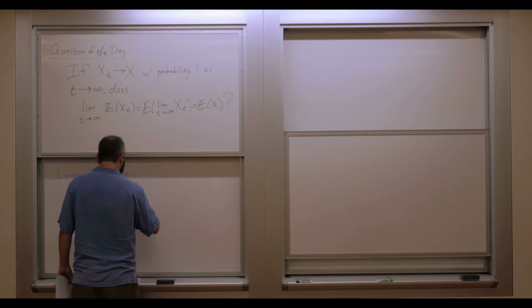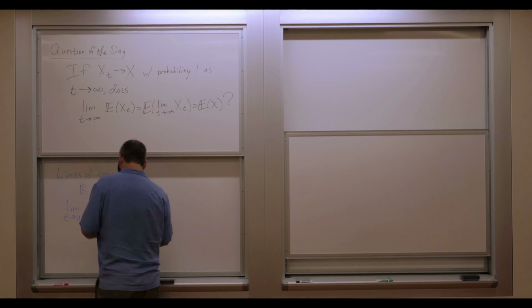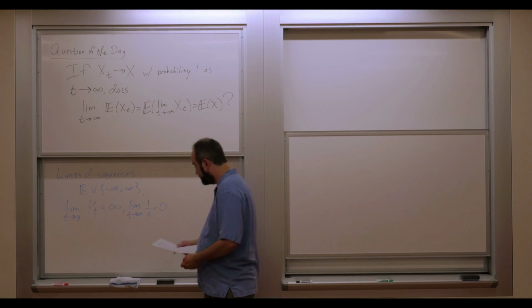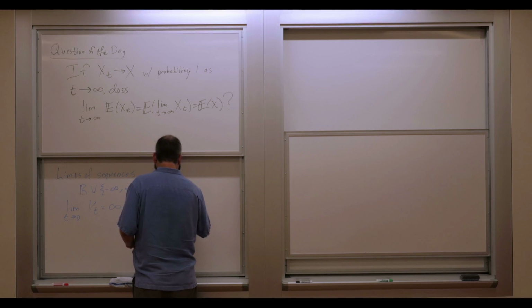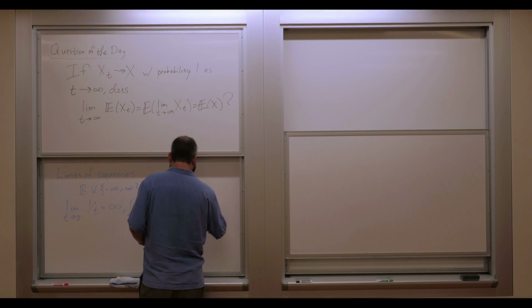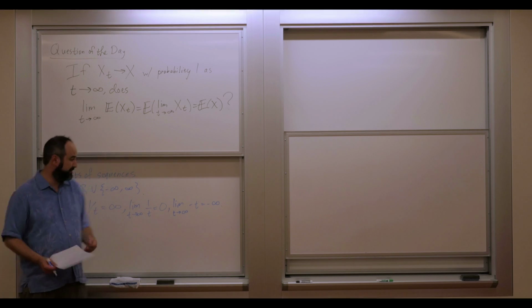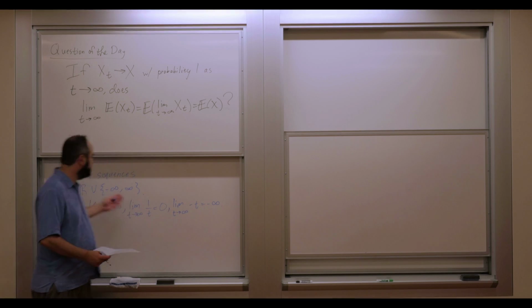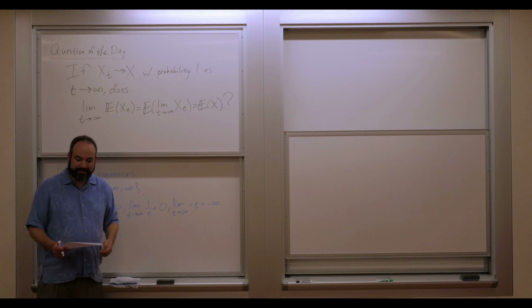And the limit as t goes to infinity of 1 over t is going to be 0. The limit as t goes to infinity of negative t, we're going to call negative infinity. So by adding these extended reals, we make it easier to write limit statements.